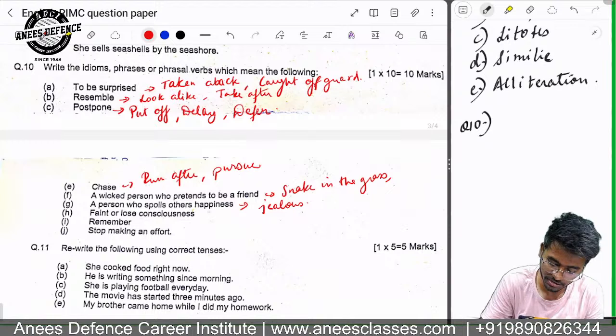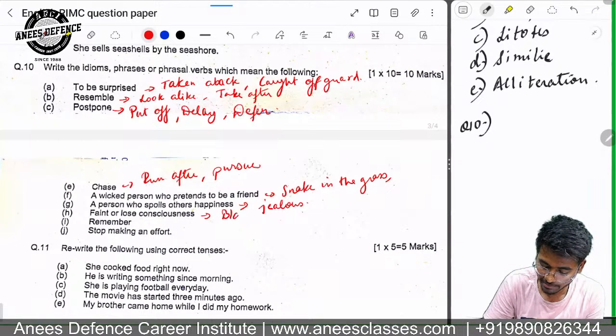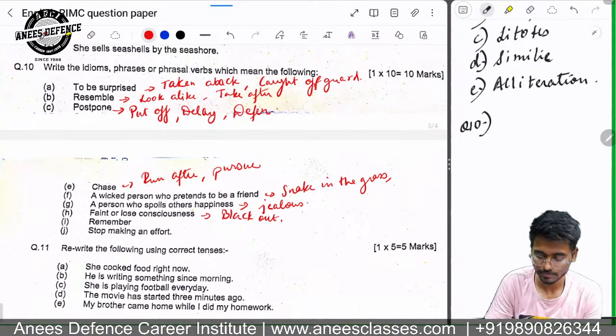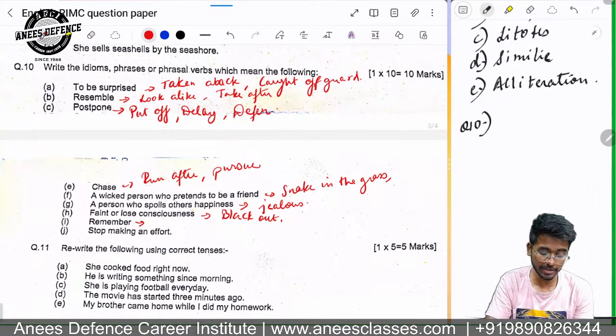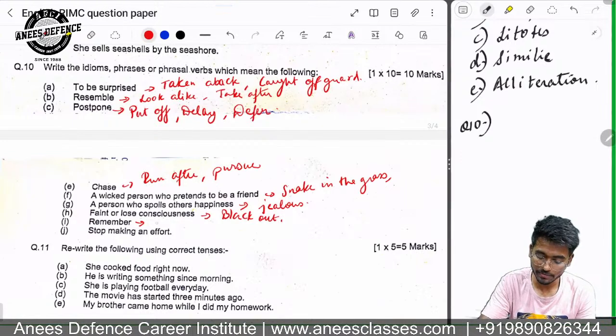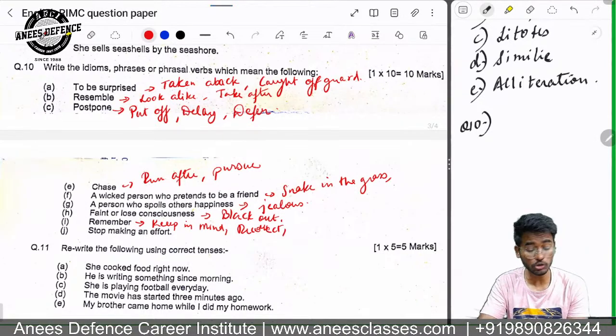Faint or lose consciousness. Fainting means what? Blackout. You can write blackout also. This is a phrasal verb. Okay. Remember. What you can write for remember? Keep in mind. We always say keep in mind. You can also write recollect. You can also write call to mind.